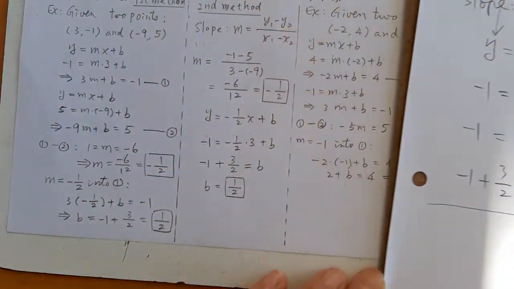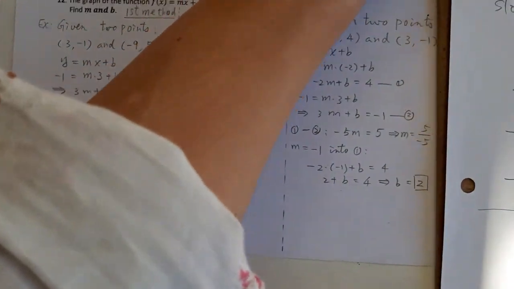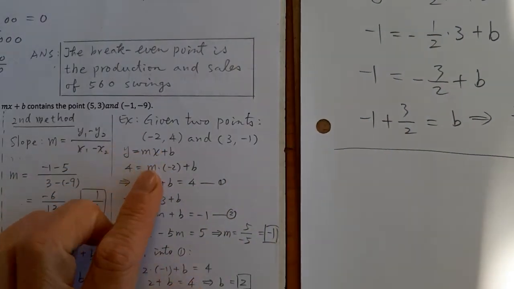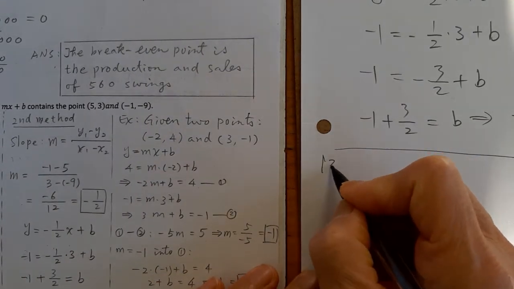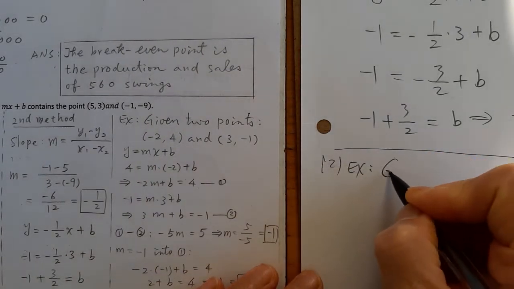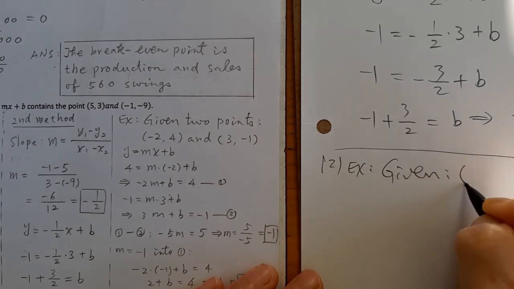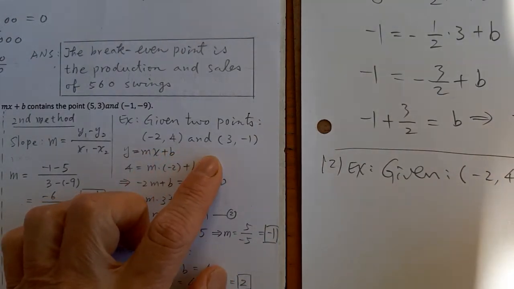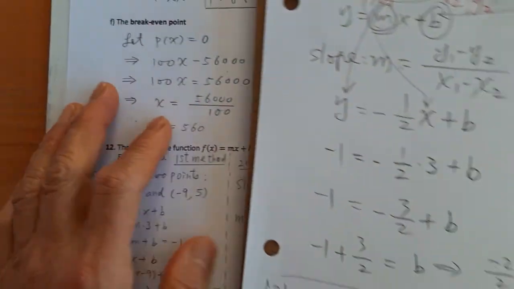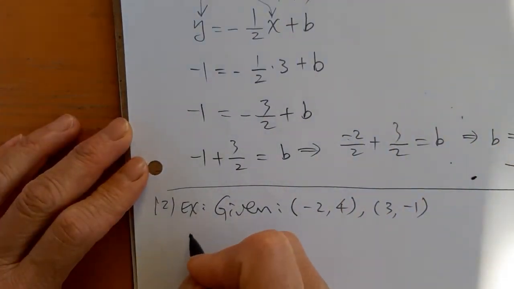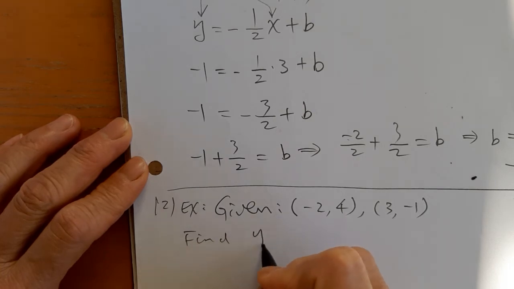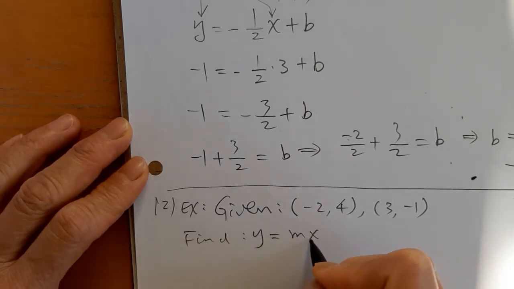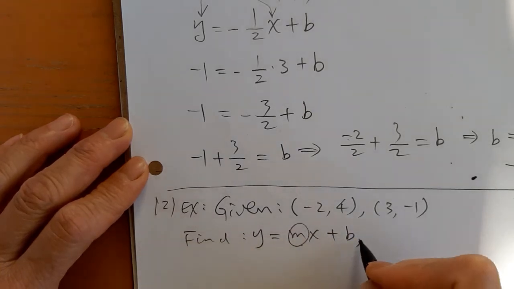Let's see another example. Question 12 example. If given the 2 points, -2, 4 and 3, -1, find, in the slope-intercept form y equals mx plus b, m and b.